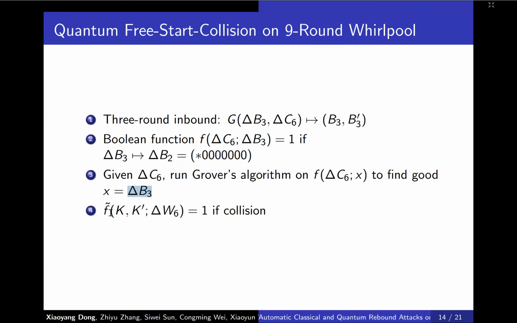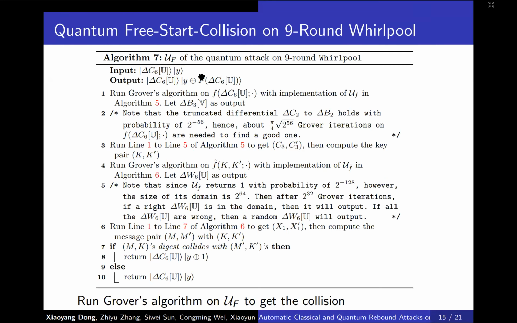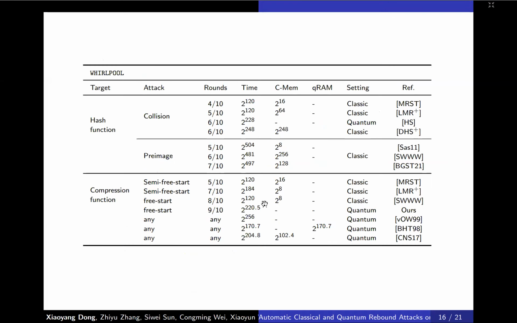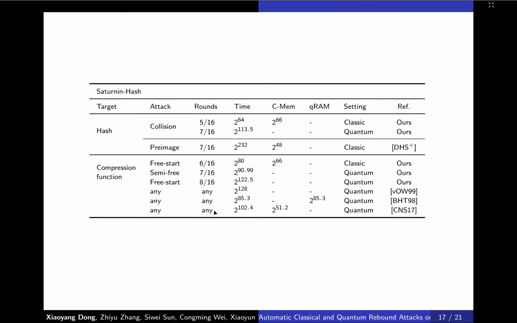We define another function to identify if delta W6 is clean. The oracle for the quantum attack on 9-round Whirlpool is as follows. We run the algorithm on UF to get the final collision. And the attack result for Whirlpool is as follows. It's 9-round.